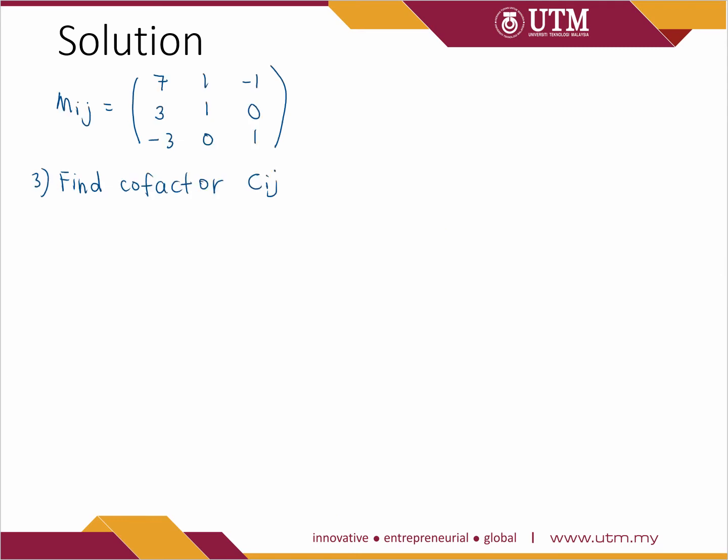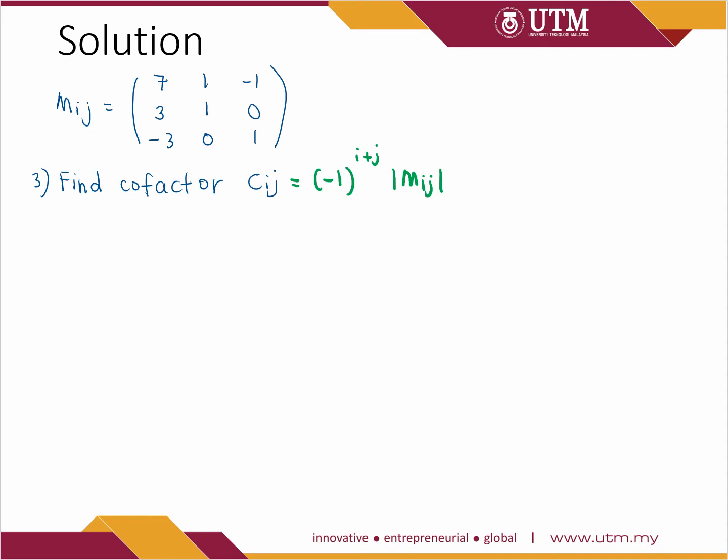Once we get the minor matrix Mij, the next step is to find the cofactor Cij, where the formula for Cij is equal to (-1) to the power of i plus j times the determinant of Mij.